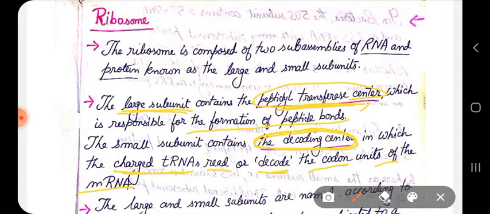That means within the decoding center, the charged tRNA will come, will bind in the ribosome, and will read the codon units of the mRNA.